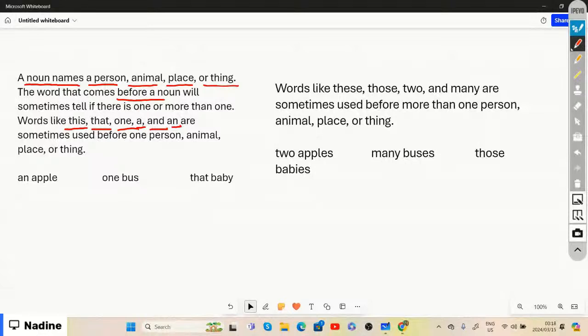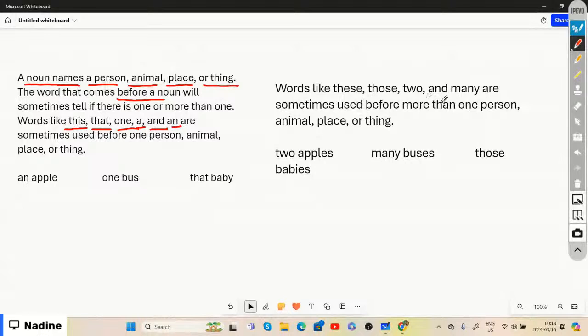So that means it's still a singular form if we use words like this, that, one, a, and. We're referring to one person, one place, one animal, or one thing. And then we have words like these, those, two, and many.